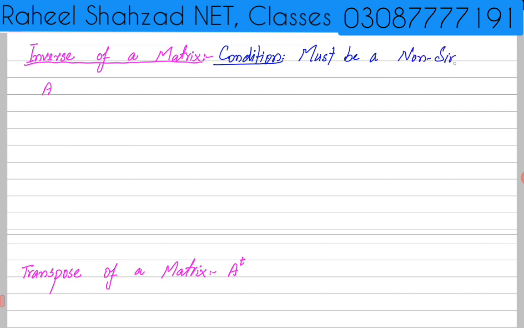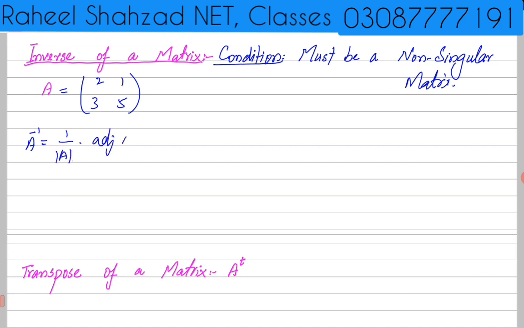So for example, if I have a matrix, say [2, 1; 3, 5], its inverse is always equal to 1 divided by |A| into the adjoint of A. This is the formula, you should memorize it. A inverse is always equal to 1 over |A| into adjoint of A.